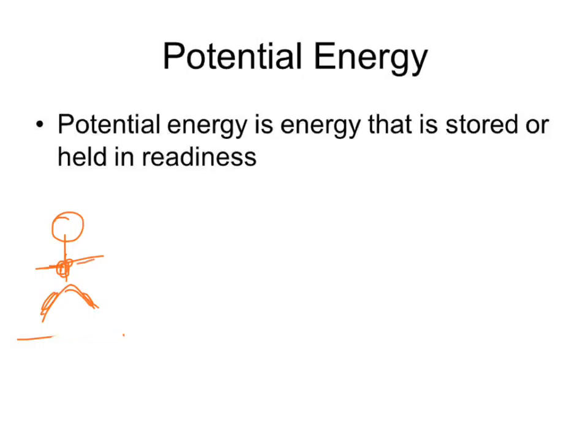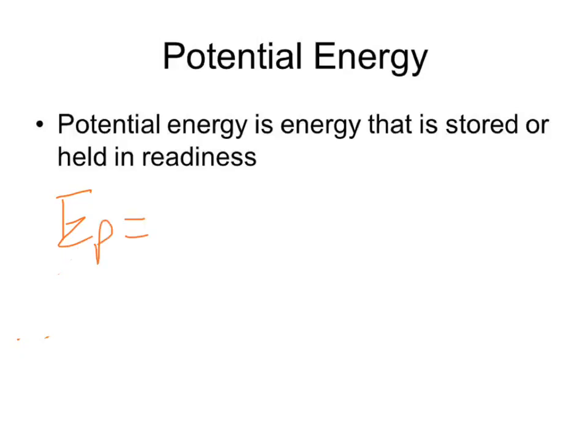So now what we're going to do is work through a few problems here with potential energy. But the first thing we have to do is figure out what is the formula for potential energy. So we know that potential energy is EP.